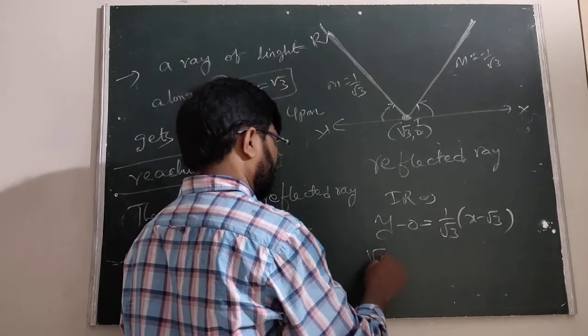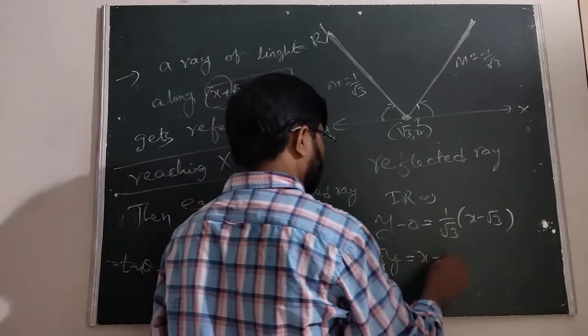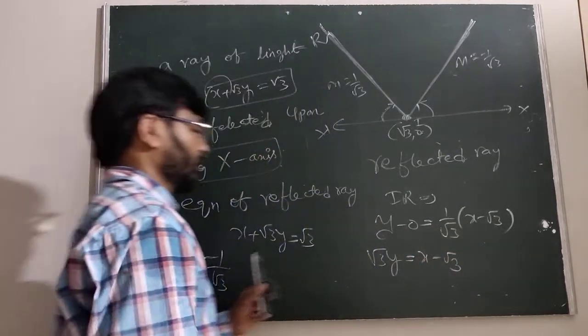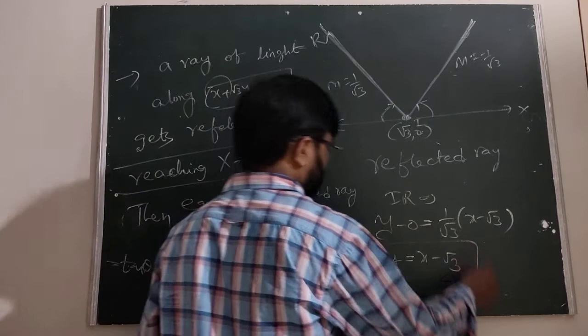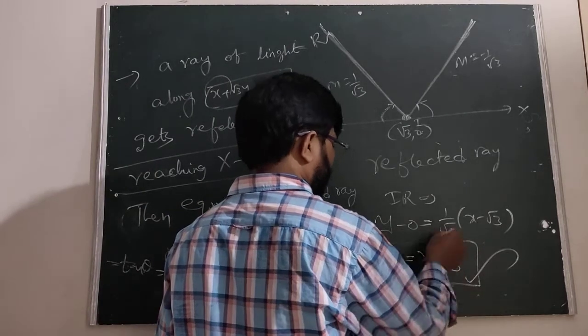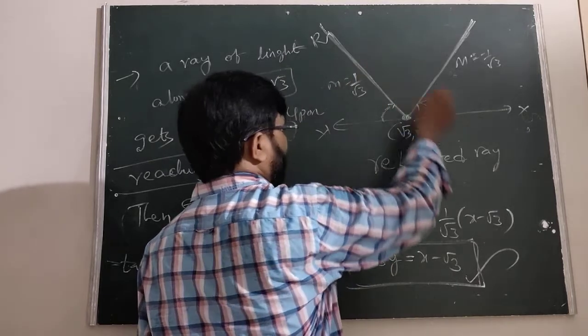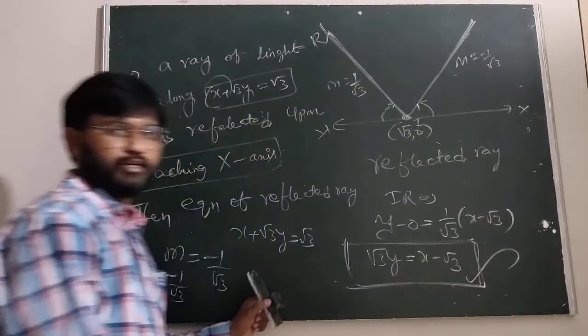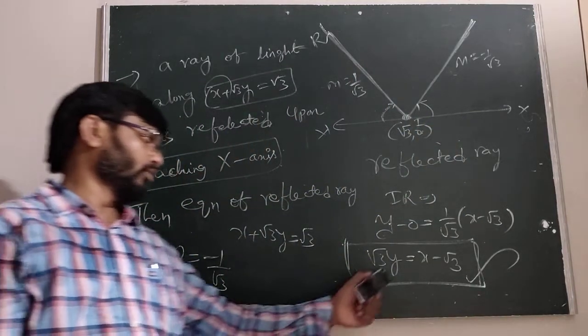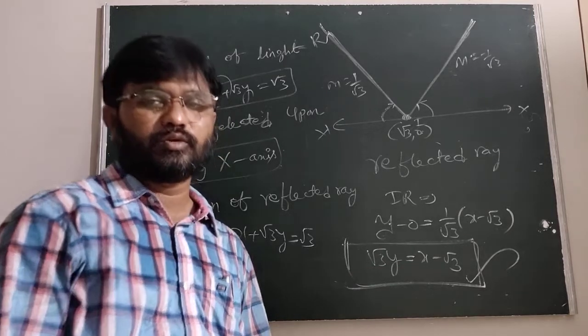Now this is root 3 y equals x minus root 3. This is the required solution. So, having the slope 1 by root 3 and passing through the point (root 3, 0), the equation is root 3 y equals x minus root 3. Is it clear?